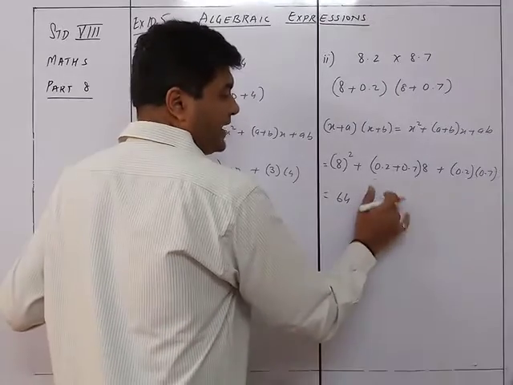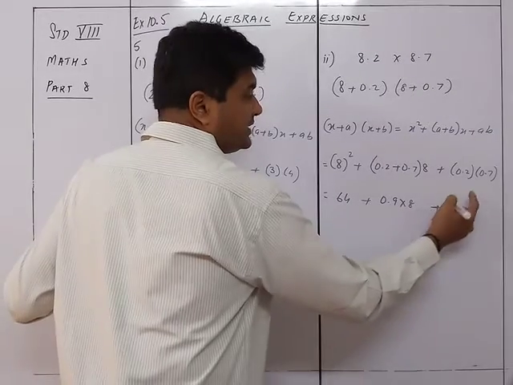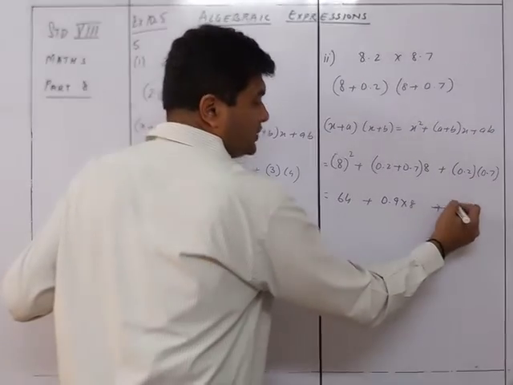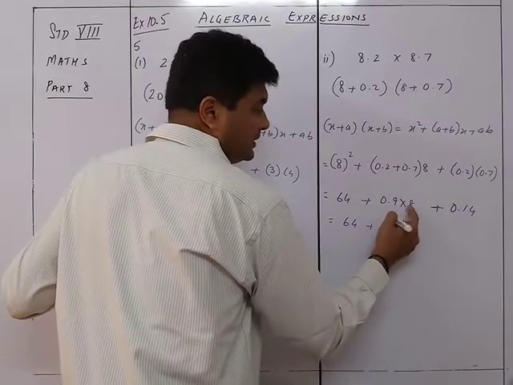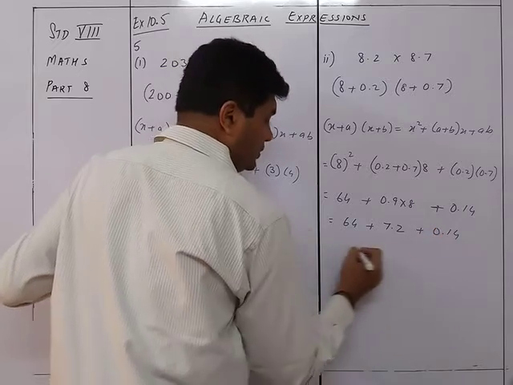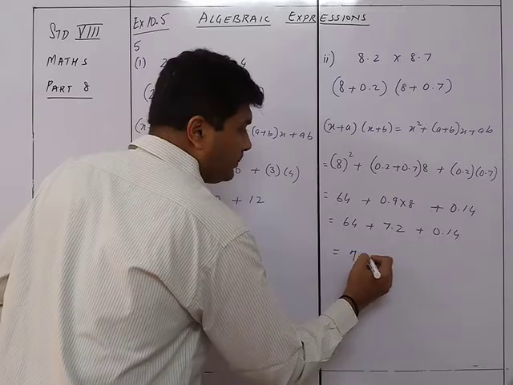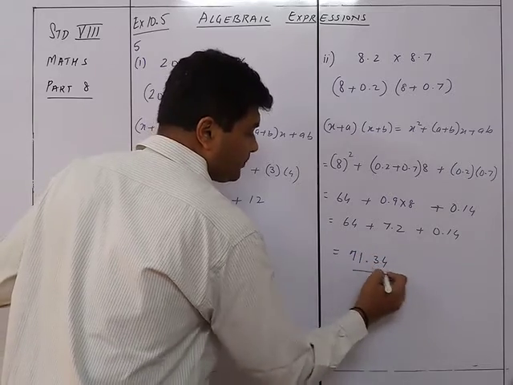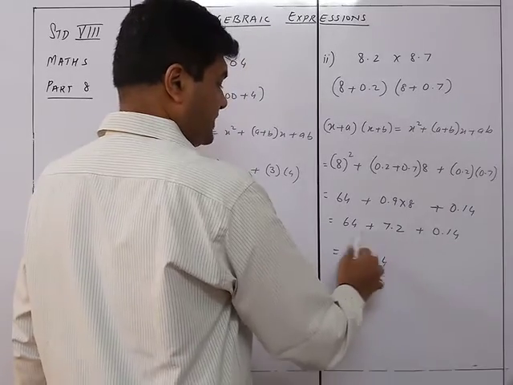Then 0.2 into 0.7 is 0.14. So that is 64 plus 7.2 plus 0.14, which gives me 71.34.